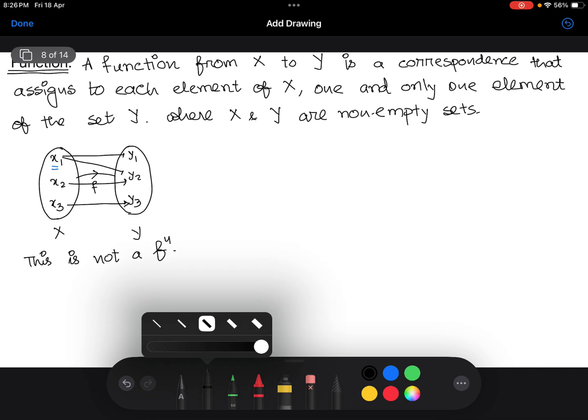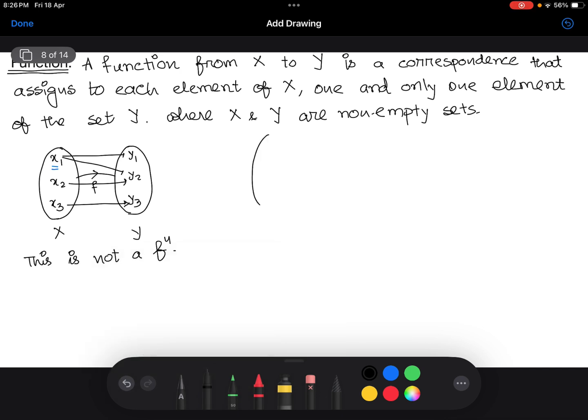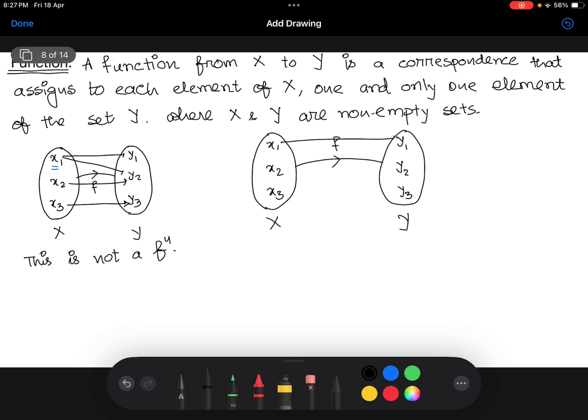Okay, let us say like this. Let x1, x2, x3 be x, and y1, y2, y3 be the y set, f be the mapping such that x1 goes to y1 and x3 goes to y2.